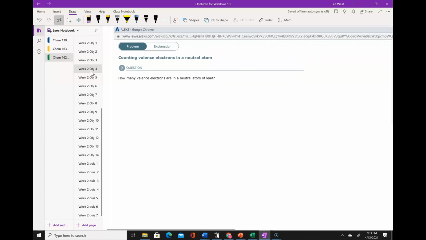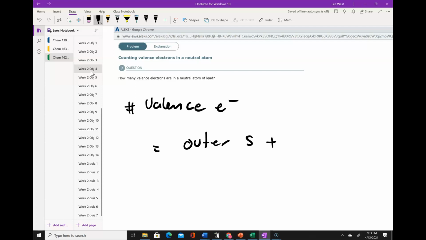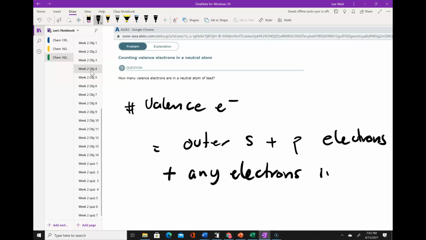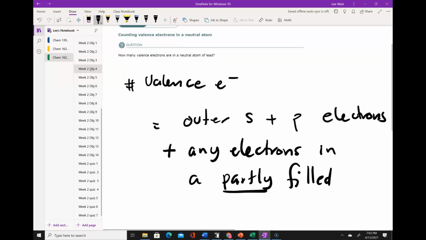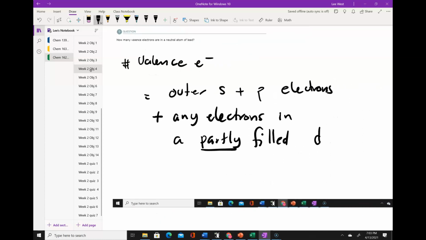Counting valence electrons in a neutral atom. So the number of valence electrons is equal to all of the outer s and p electrons plus any electrons in a partly filled d subshell.